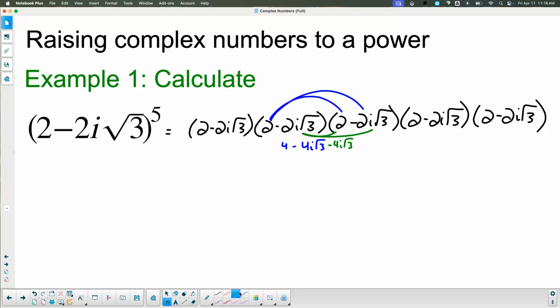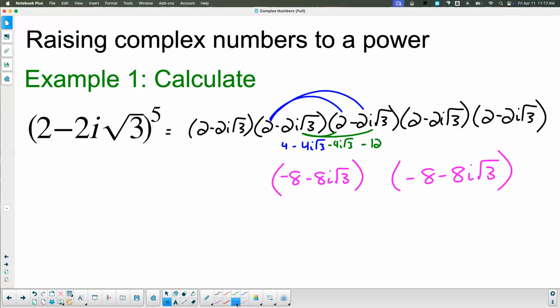I squared, which is really minus 12. So this becomes negative 8 minus 8I square roots of 3, which means that these two over here would be negative 8 minus 8I times the square root of 3.